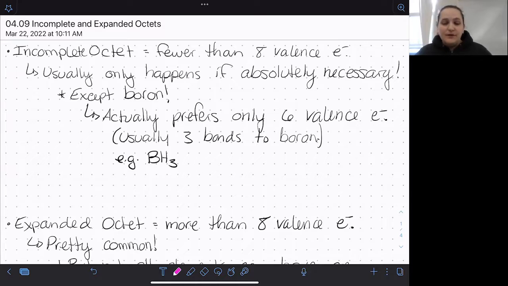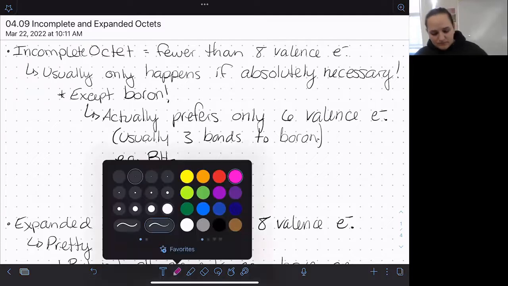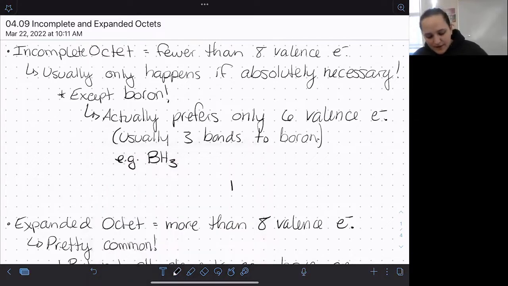For example, if we look at the structure for boron trihydride, BH3, this would have boron as the central atom with 3 hydrogen atoms around it. Now in this case, there isn't actually anything we can do. There is no way to get boron to a filled octet here, since none of our peripheral atoms have any lone pairs.